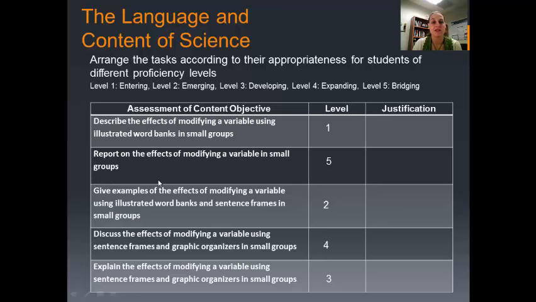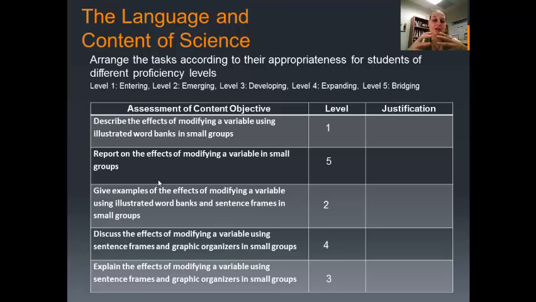Here we are expecting students to represent that information in a particular structure, a report that matches the scientific inquiry structure we expect students to use in science. It would require a lot more writing in the academic register. And notice how there are no longer any supports other than just a small group who would be doing this together.